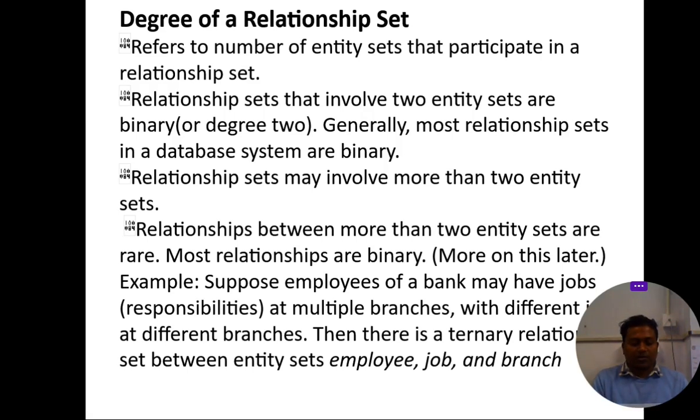Relationship sets may involve more than two entity sets. For example, suppose employees of a bank may have jobs at multiple branches, with different jobs at different branches. Then there is a ternary relationship set between the entity sets employee, job and branch. Relationships between more than two entity sets are very rare. Most relationships are binary. More on this later.